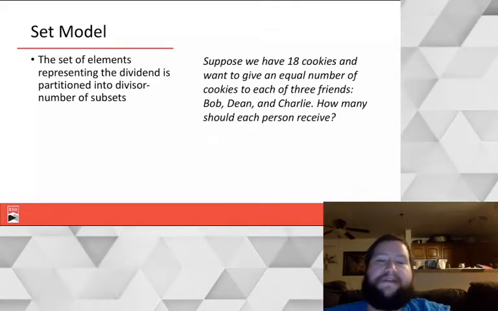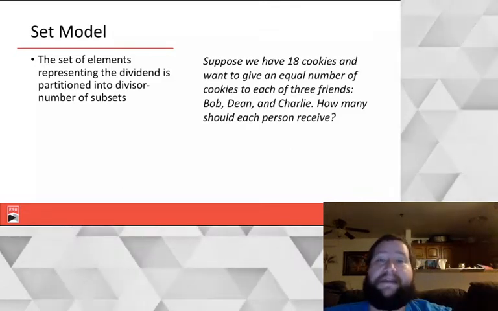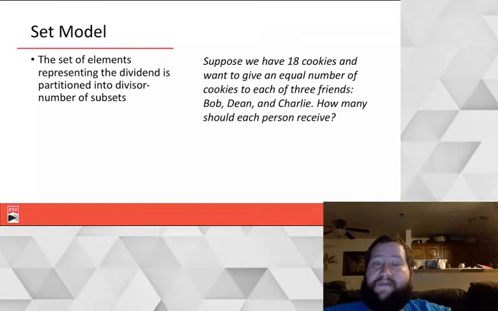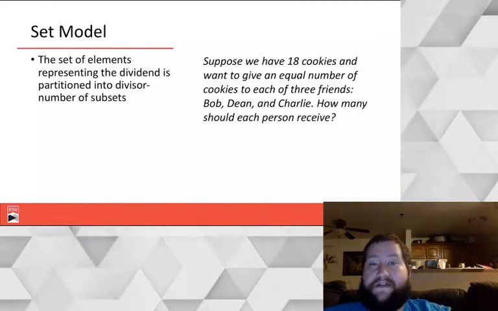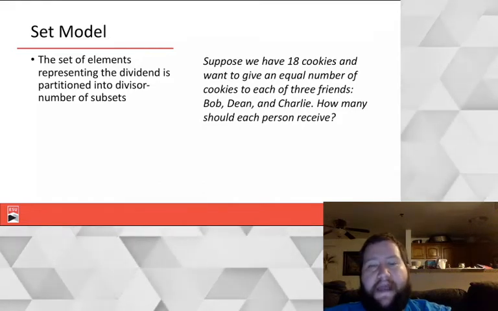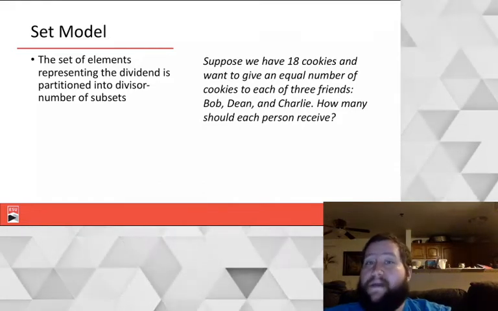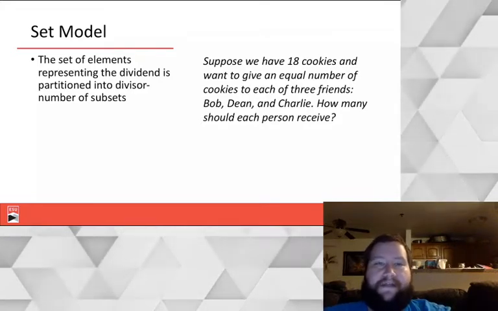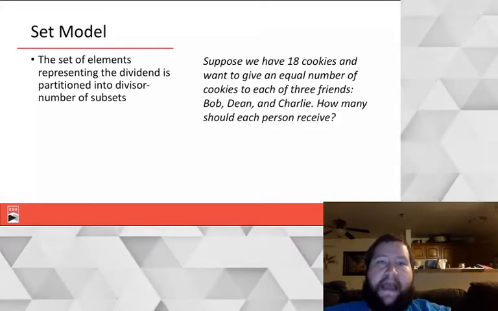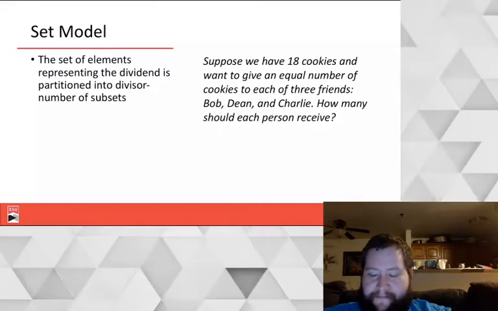Example. Suppose we have 18 cookies and want to give an equal number of cookies to each of 3 friends, so this is fair share. And you'll notice that this fair share is a super common context that we use, and the reason for that is because it tends to be relatively relatable. So we have 18 cookies, and we want to give an even number to Bob, Dean, and Charlie. How many should each person receive?